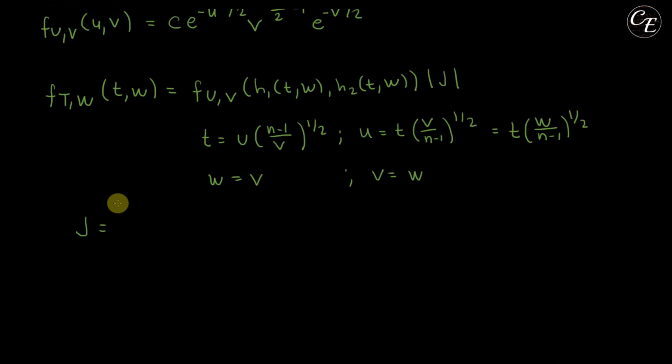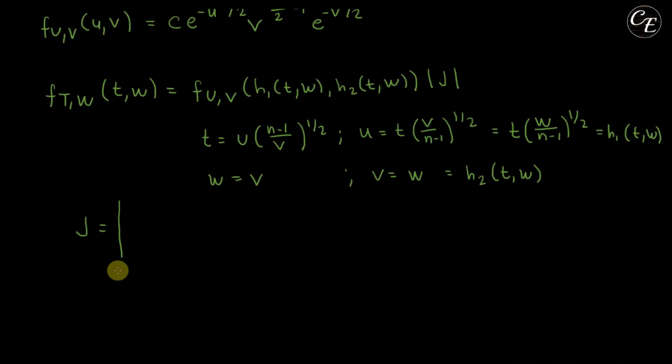it is equal to the determinant of this expression in here, U in terms of T and W, which is this function h1 of T and W. Now for this is V in terms of W, so we can use it as this function h2 in terms of T and W. Now please take note that this term in here is for U in terms of T and W, and this term in here is for V in terms of T and W. Even though there's no T in here, as long as there's no U and V in here, it is enough already as V in terms of T and W. So we can use it as this function in here.